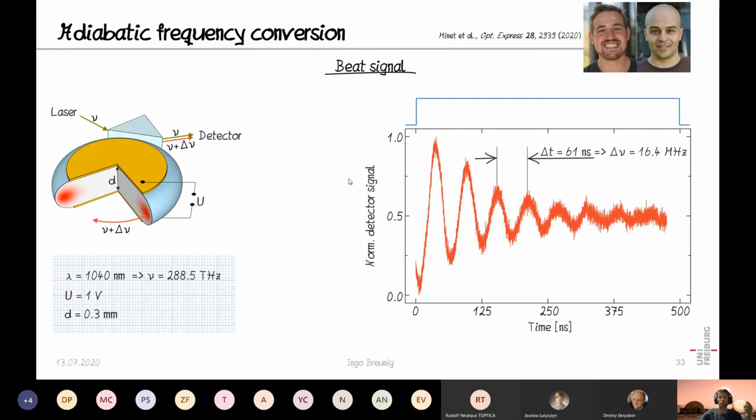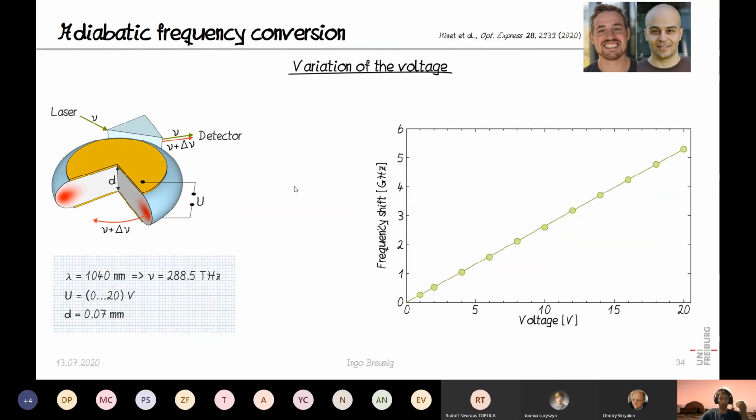Okay, and now we can just increase the voltage from 1 volt to 20 volts. So same experiment, just increasing the pump. And you can see that, as we expected, the frequency shift just grows linearly with the voltage.